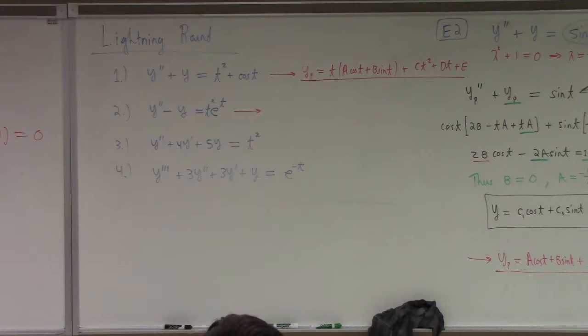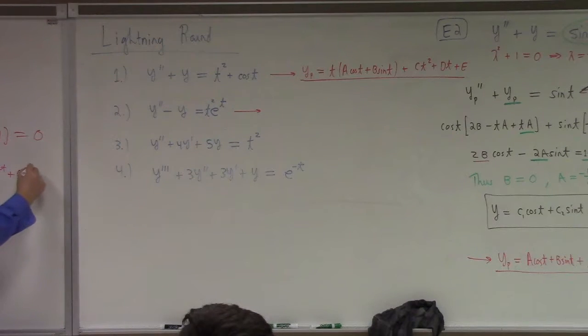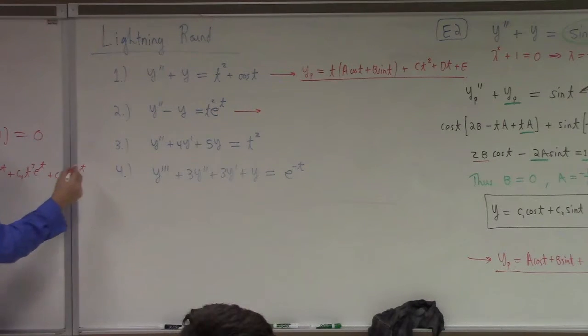This suggests to me that yp should be equal to, well, let me just write out the whole thing: C1 e to the t plus C2 t e to the t plus C3 t squared e to the t. How many do I got? 1, 2, 3. Well, I should have another one: C4 t cubed e to the t. And then plus C5 e to the minus t.